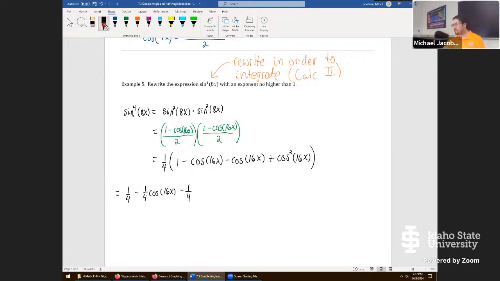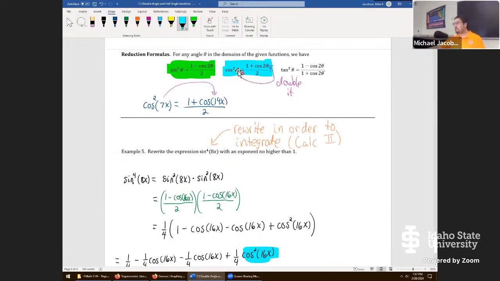Minus 1/4 cosine 16x again, plus 1/4 cosine squared 16x. So I have a couple things I need to do. I definitely should have combined the like terms earlier. Usually you want to combine stuff first before you expand through. It simplifies your work. But also, that has an exponent higher than 1. So we'll use this identity once again to reduce it.